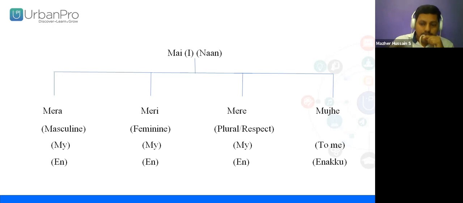So for example, as a man, I cannot always use mera. The gender depends on the opposite person, or on the opposite object. If I am talking about my brother, brother means he is a male gender, so I have to use mera. But if I am talking about my sister, the sister is feminine, a female gender.